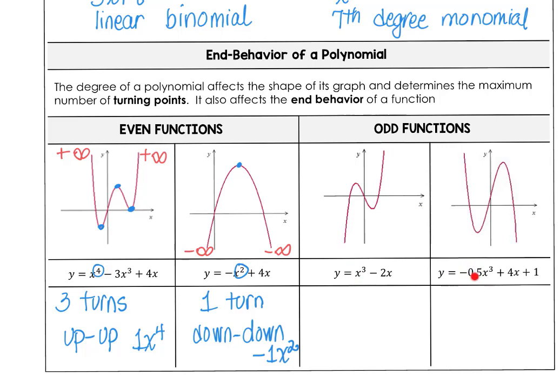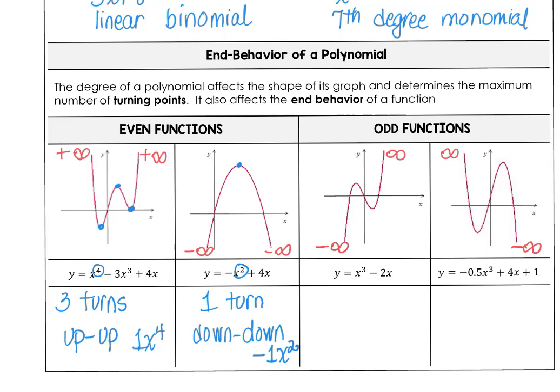When the leading coefficient is negative, in this case it's negative a half, we do the opposite. Start high, end low. So our end behavior is down and up, or up and then down.